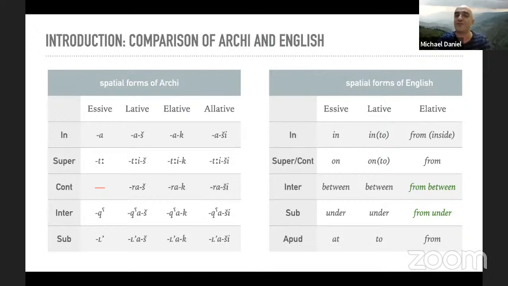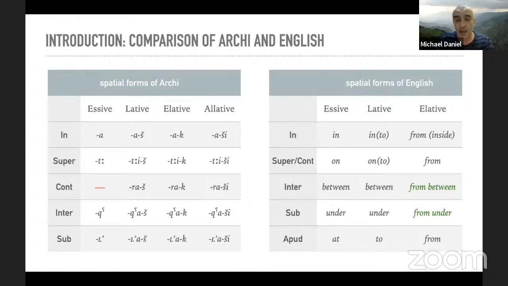And the same relation between the spatial meanings is observed in the line for sub, on the one hand. On the other hand, when you look back at the Archie table, you also see that there is a slot, or a case in this table, which is not filled by any form at all. So Archie, in this sense, is not absolutely regular either.